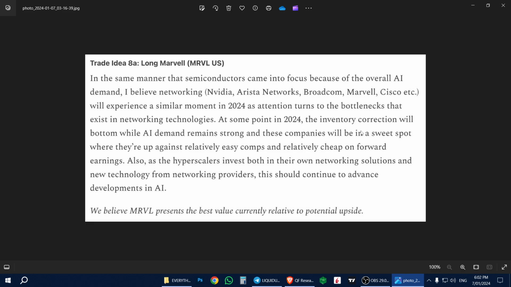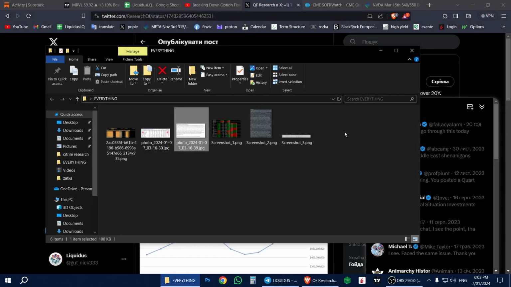At some point in 2024, the inventory correction will bottom, while AI demand remains strong, and these companies will be in a sweet spot where they are up against relatively easy comps and relatively cheap forward earnings. Also, as the hyperscalers invest both in their own networking solutions and new technology from networking providers, this should continue to advance developments in AI, and Marvell stands to benefit from it.